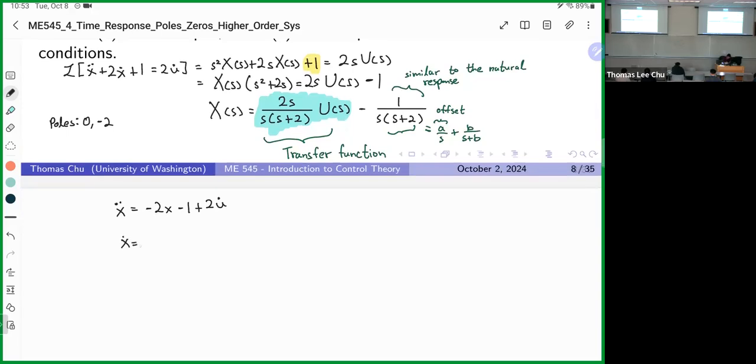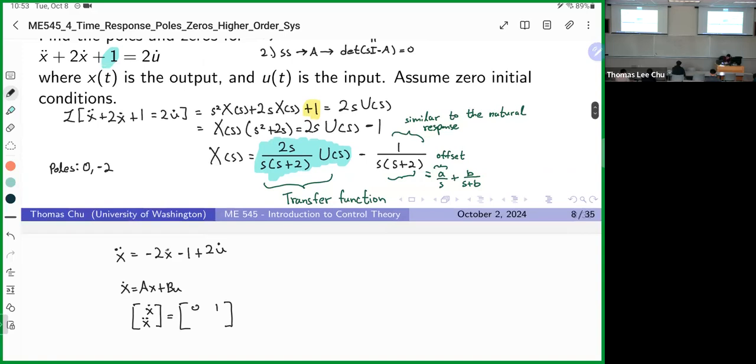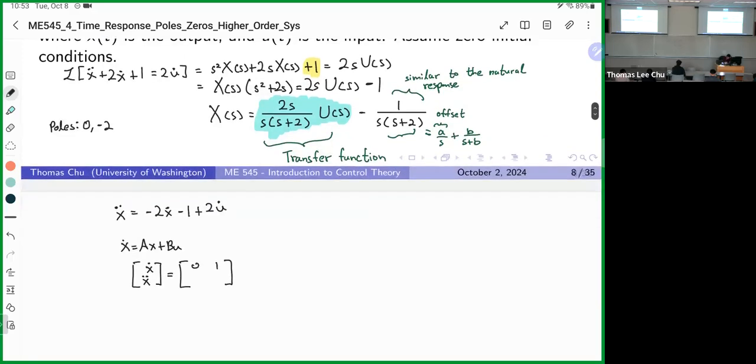We do x dot is equal to Ax plus Bu. Then we get x dot, x double dot is equal to [0, 1], and then actually it's the x dot, and [0, -2].